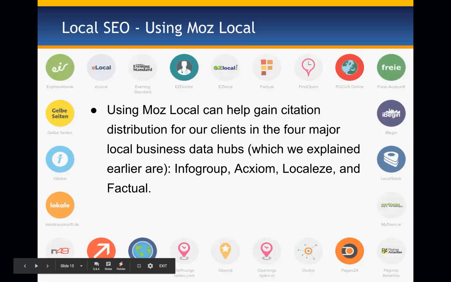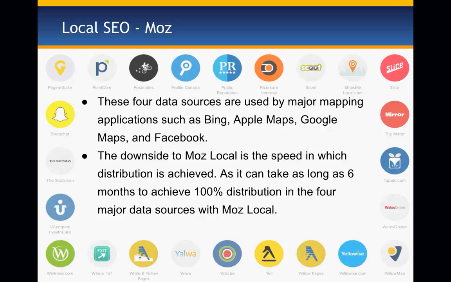Moz Local actually gains citations for the clients by sending information to Infogroup, Axiom, Localeze, and Factual. It's important to know that getting citations accurately published in these 4 data sources can help across all of the different citations.